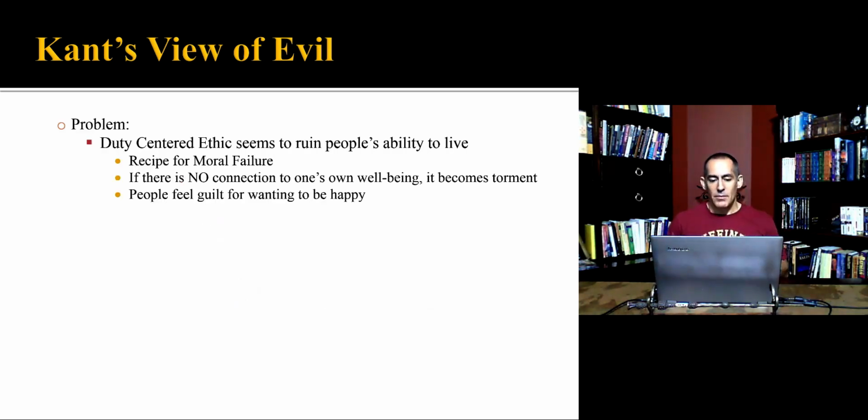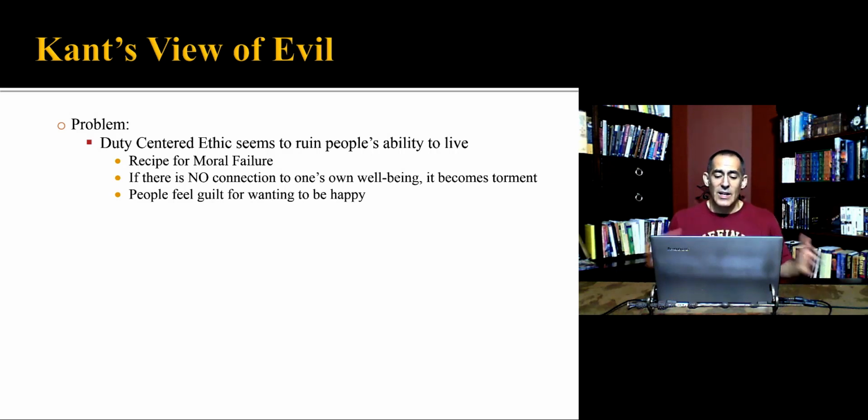Now, the problem in the end for Kantian theory is that a duty-centered ethics seems to interfere with our ability to live a happy life, at least, or even to live in a very practical way. It seems to be a recipe for moral disaster and moral failure.